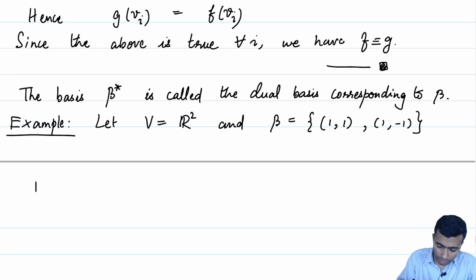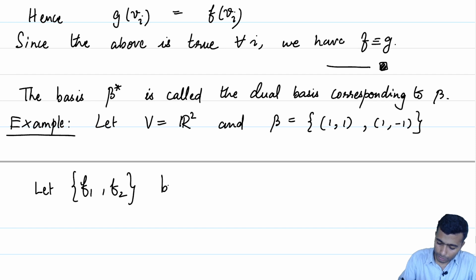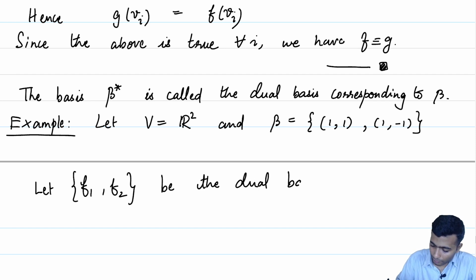So, let F1, F2 be the dual basis. We would like to explicitly find out what F1 and F2 are.